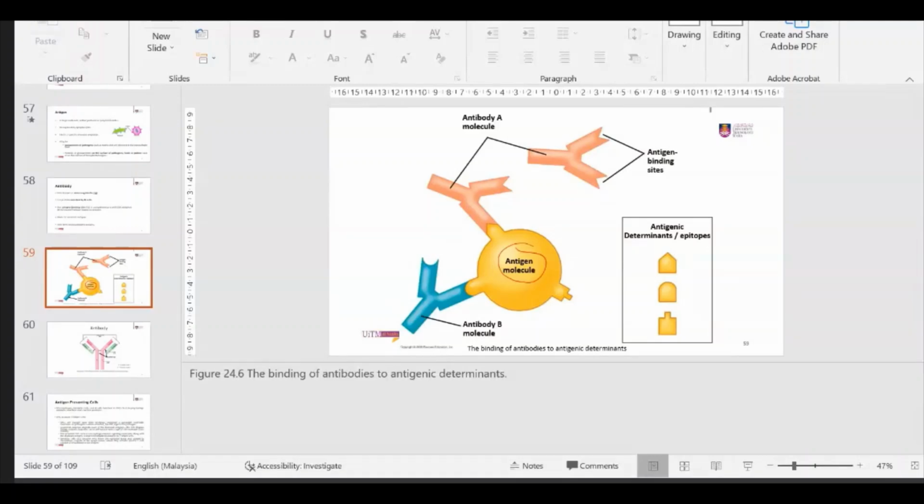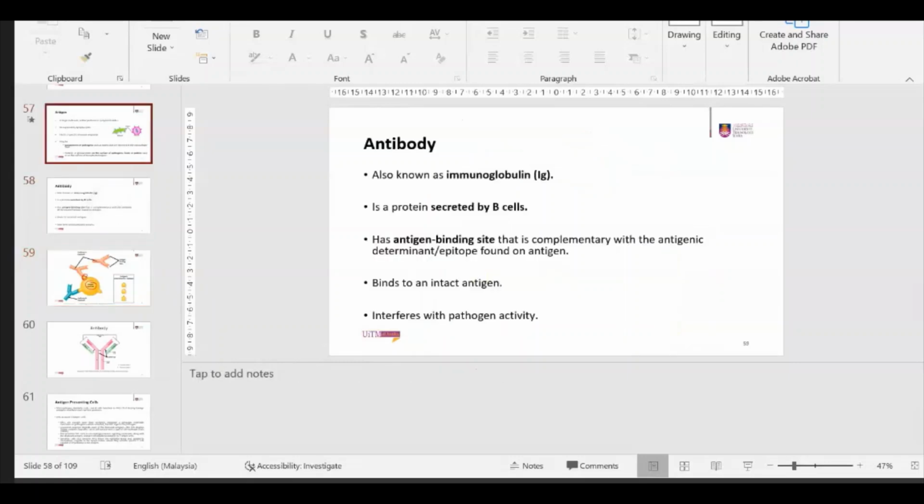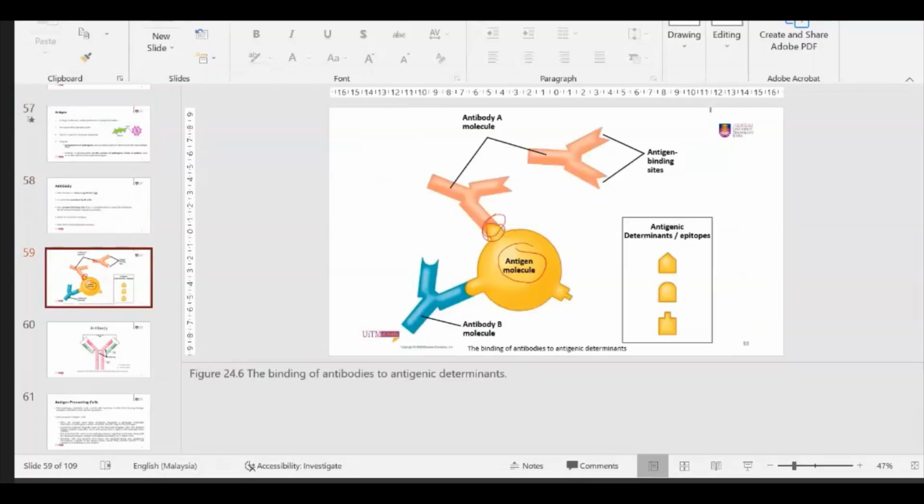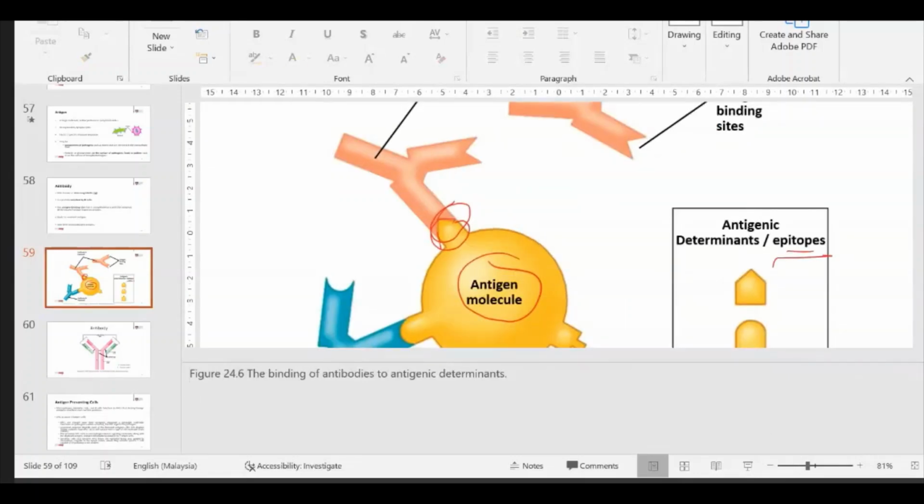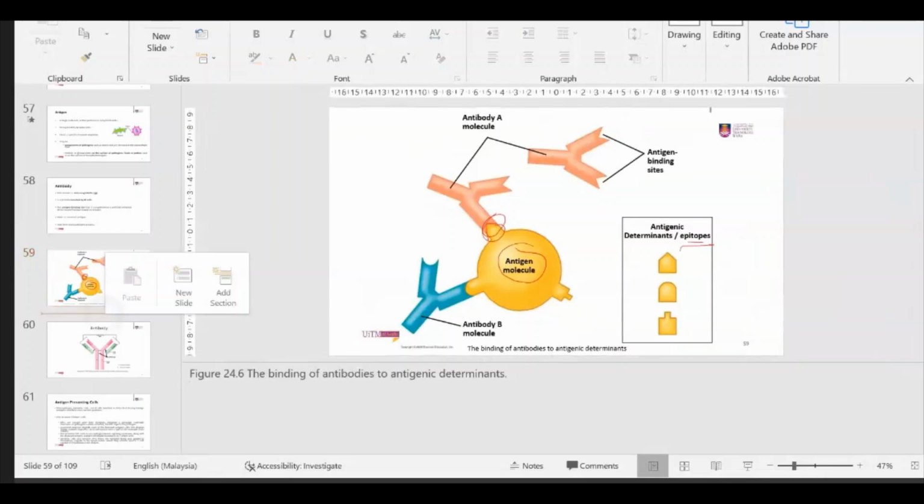The antigen molecule has a more detailed, smaller structure, which we call the epitope. So the antigen binding site of the antibody, or of the receptor of B cell or T cell, binds to the epitope of the antigen of that pathogen. Is the definition of epitope there? Here it is: epitope, antigenic determinants. But it is not given.